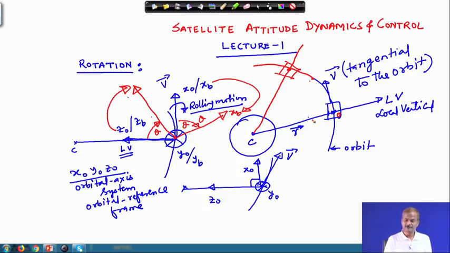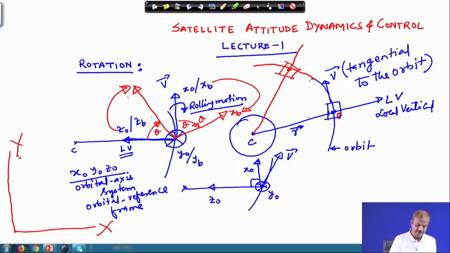If I assume this page, say I write this as the x inertial axis and this as the y inertial axis, you will see that in this reference frame the satellite orientation is changing. Right now it is like this, and now it has gone into this position.